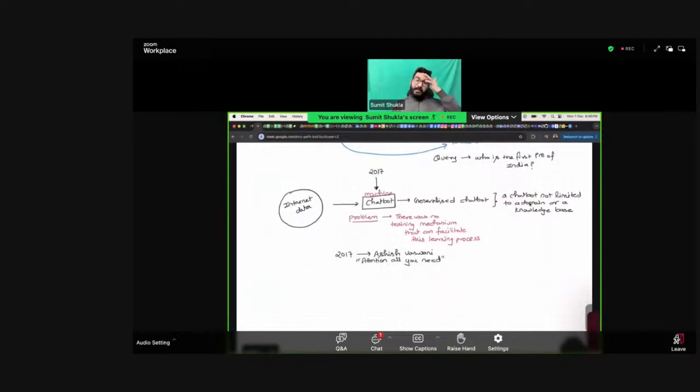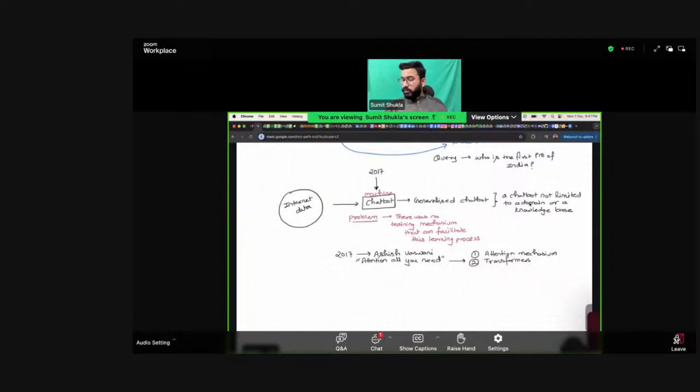And this paper actually helped everyone who was trying to solve this problem with the answer. So this paper introduced the mechanism that they were looking for to facilitate this learning process. This paper introduced two concepts. One was the attention mechanism, and second was the transformers.